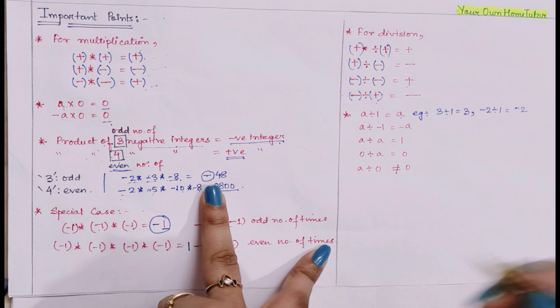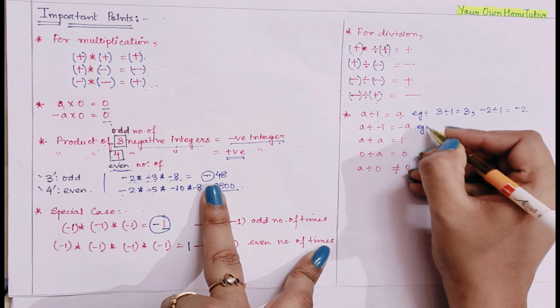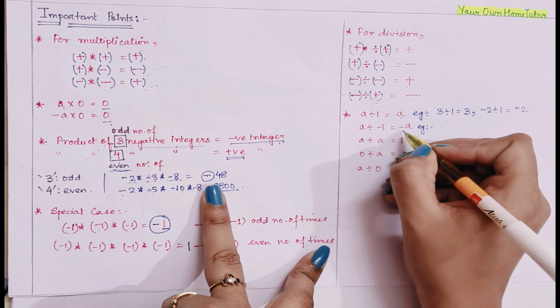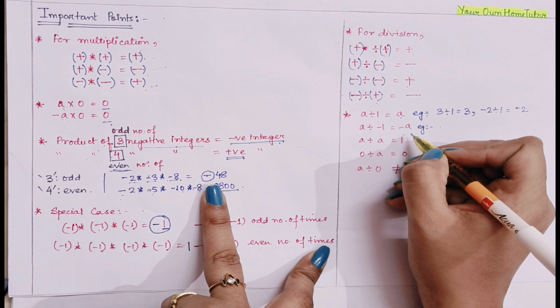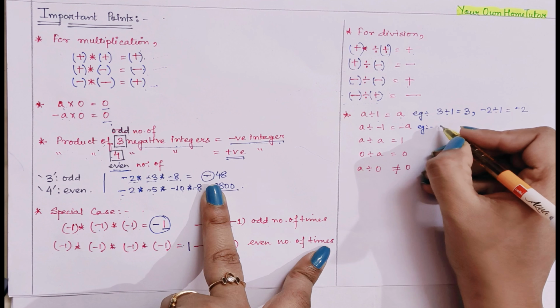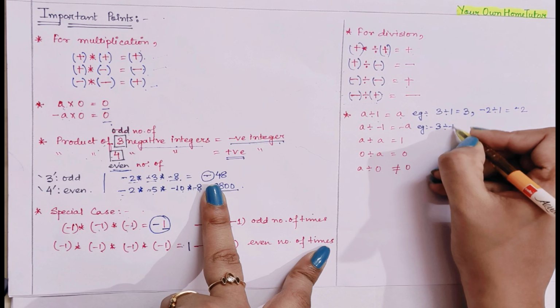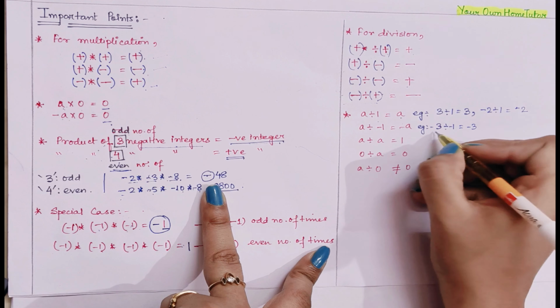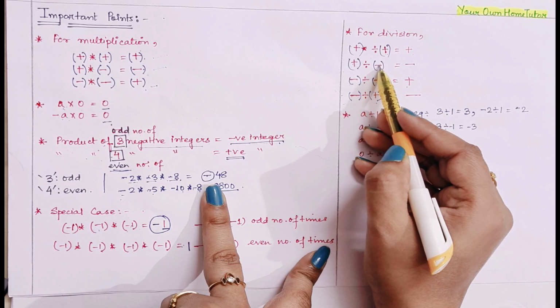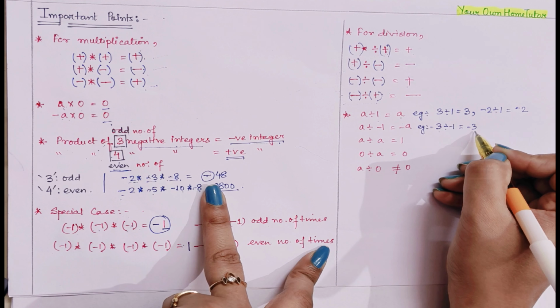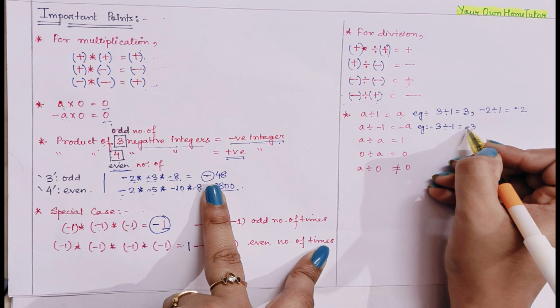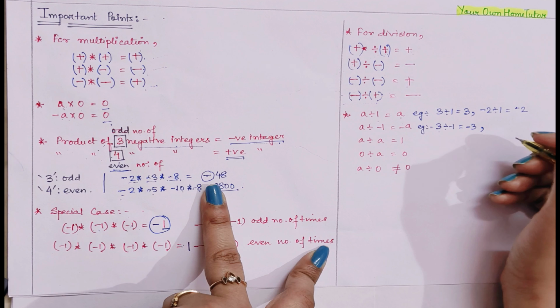And any integer when divided with -1 will give me minus of that integer. For example, if I divide 3 with -1, I get -3. Why? Because a positive is getting divided with a negative. So I will perform the normal division first and then add a minus sign before it.